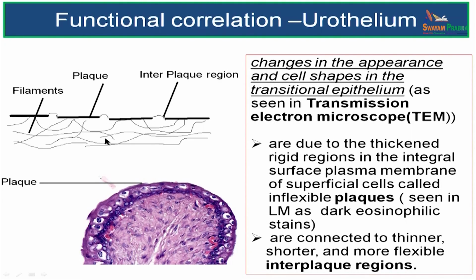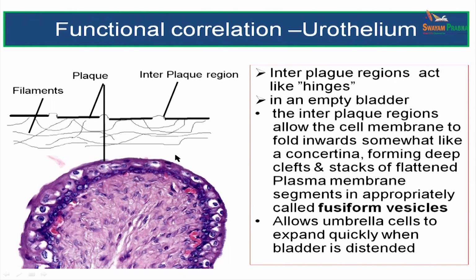Let us know the significance of plaque and interplaque regions as studied with a transmission electron microscope. These interplaque regions act as hinges. In an empty bladder, the interplaque region allows the cell membrane to fold inwards like a concertina.